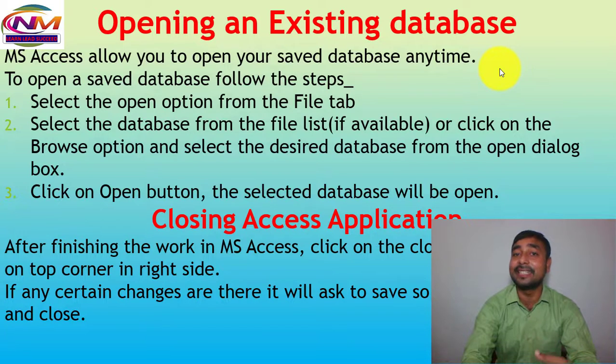If you have made certain changes, it will ask whether you want to save it. If you want to save it, click Yes, otherwise click No, and your data will be saved as well as closed. Apart from that, there is also a shortcut, Control W, which is used to save the database after certain changes.